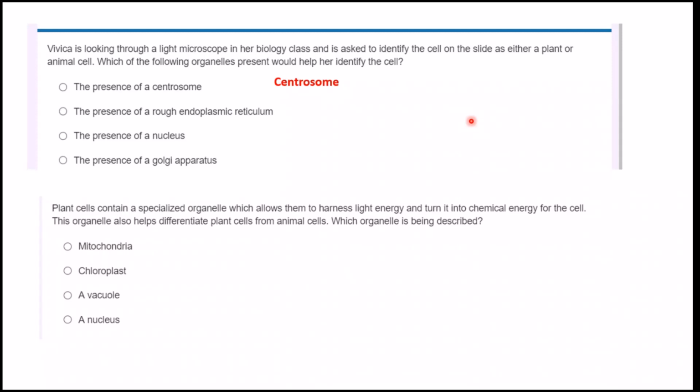Yes. Are you guys ready for the explanation? Yes, it's chloroplast because they help carry out photosynthesis, where light energy is turned into chemical energy for the cell. Because you guys have studied, you know they are talking about the conversion of light energy to chemical energy.